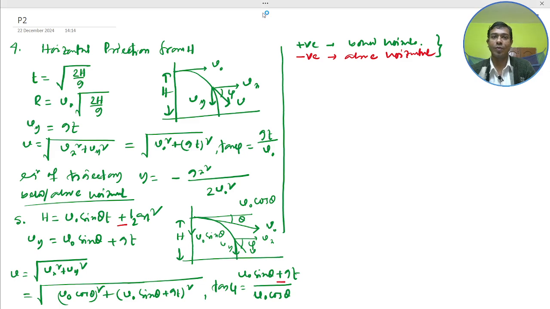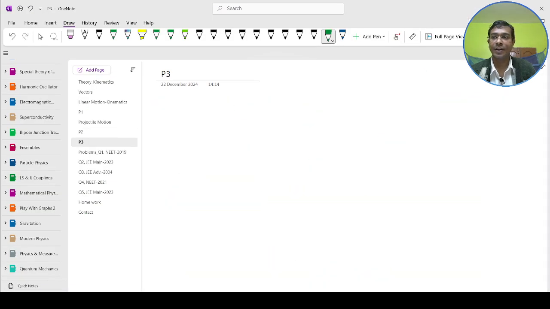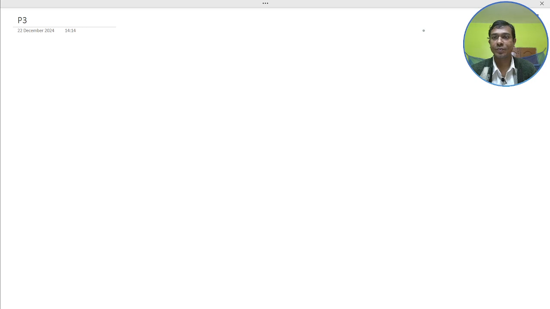So for projectile, projection on inclined plane, so I think this would be another page here, projection in inclined plane.